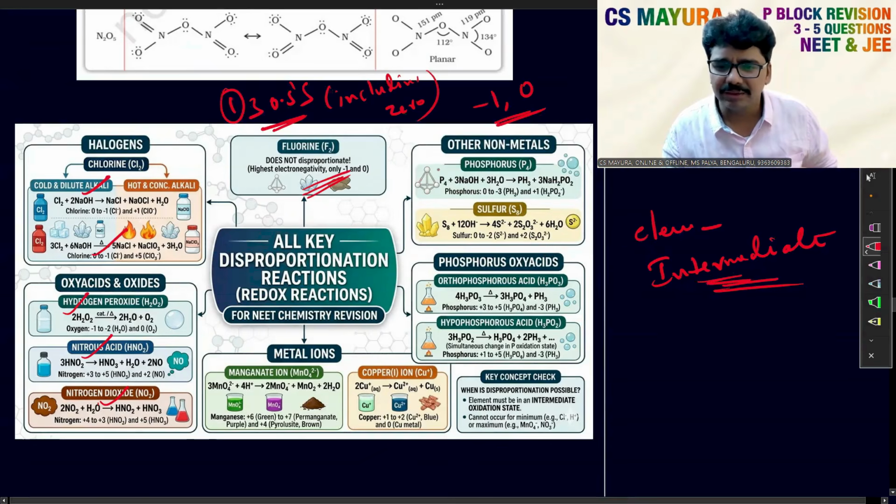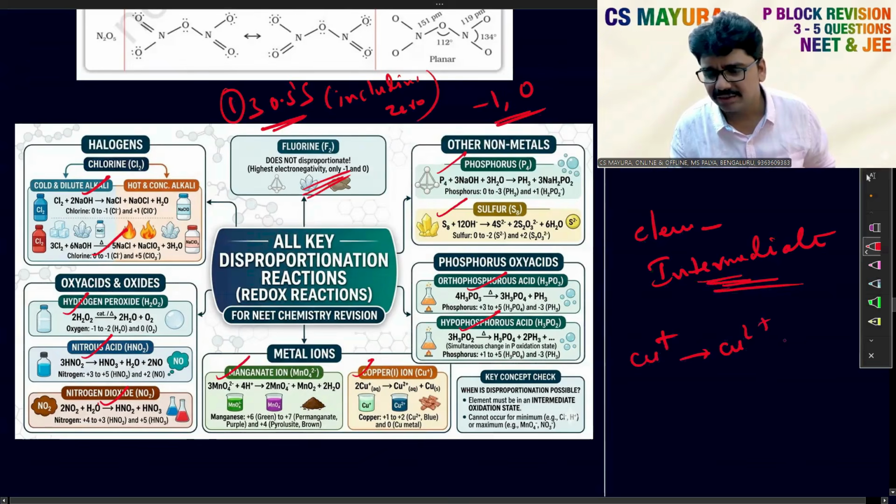Phosphorus with sodium hydroxide and water on boiling, disproportionation. Sulfur with sodium hydroxide, disproportionation. H3PO3 on decomposition, H3PO2 on decomposition, and manganate, MnO4 2-, in acidic medium, disproportionation. And Cu+, disproportionation, to Cu2+ and Cu.